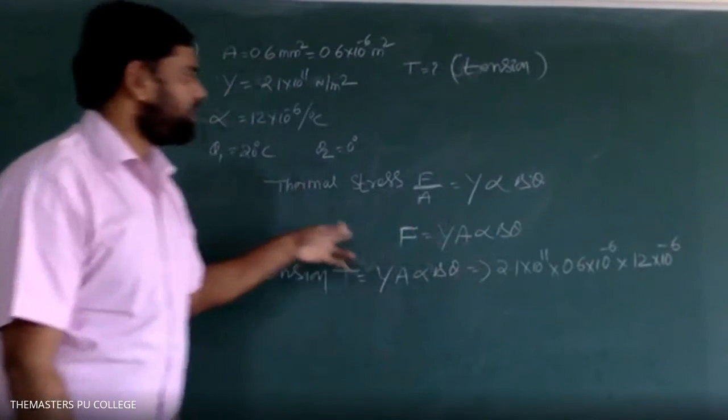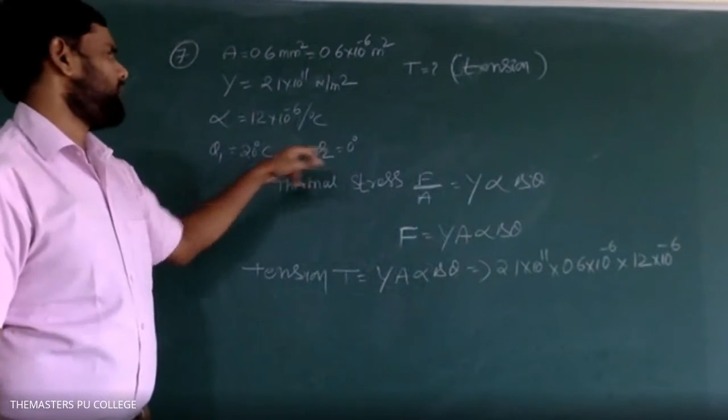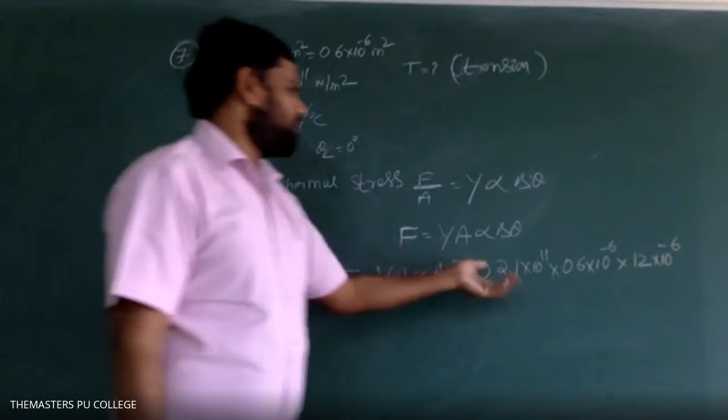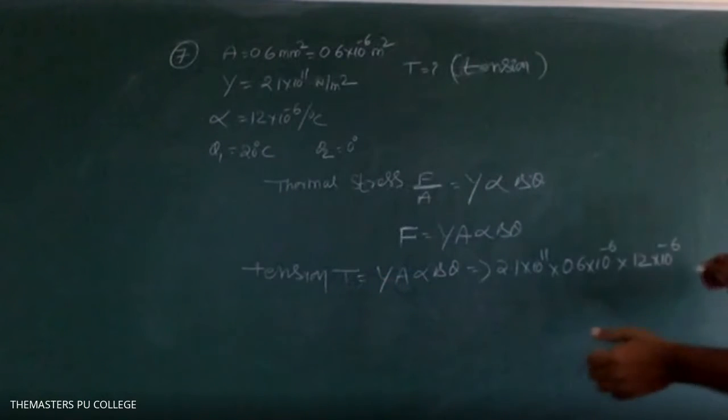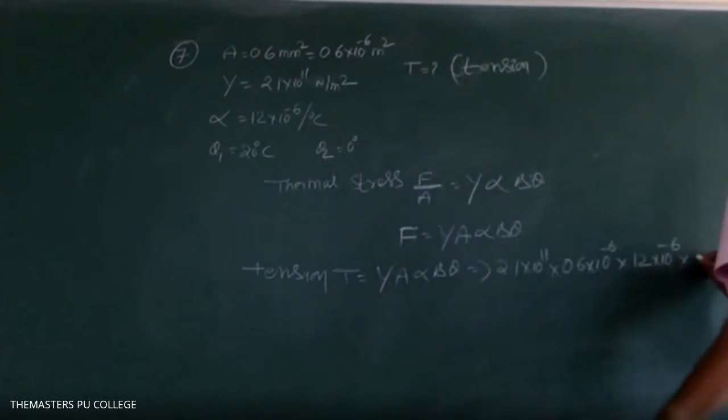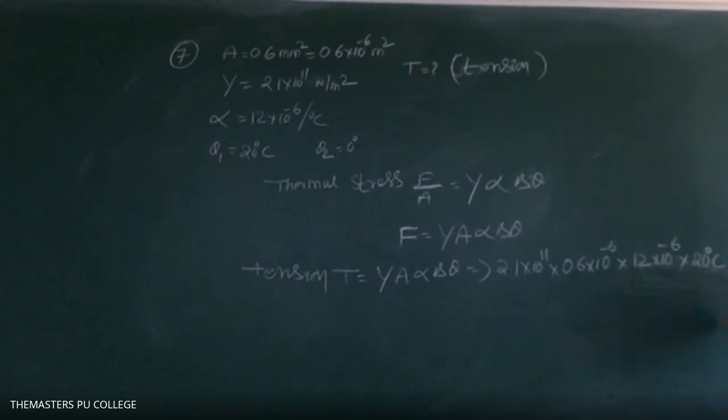From the data of the problem, we know it is a compressive force, so there is no need to take the negative. To calculate the magnitude, delta theta, the temperature difference, is 20 degrees centigrade. If we calculate that value, we will get the answer.